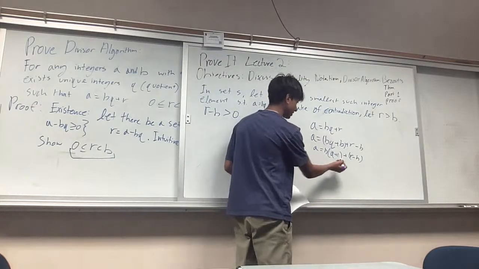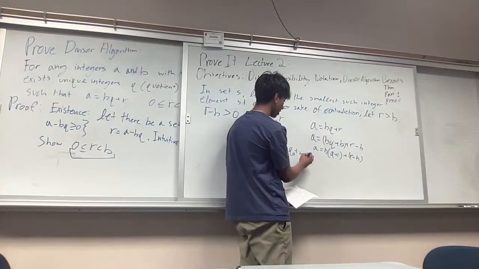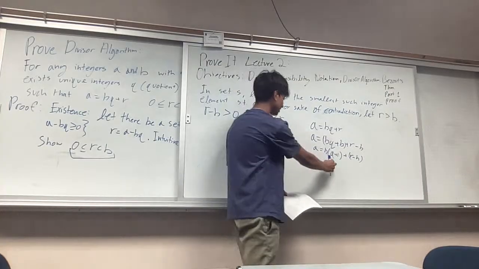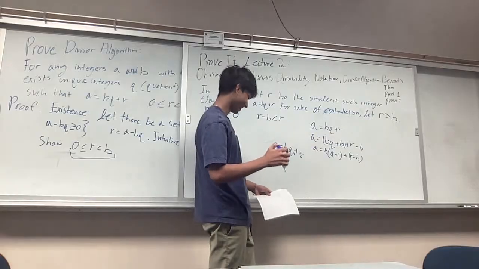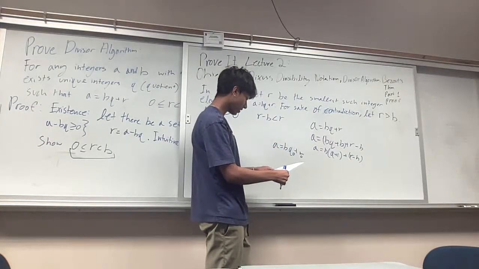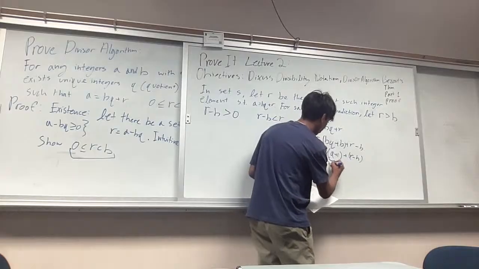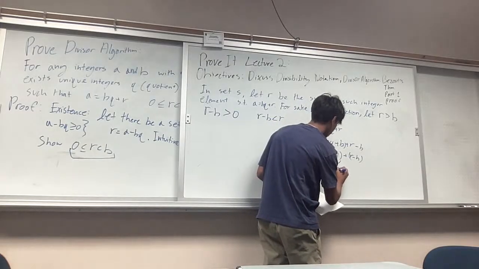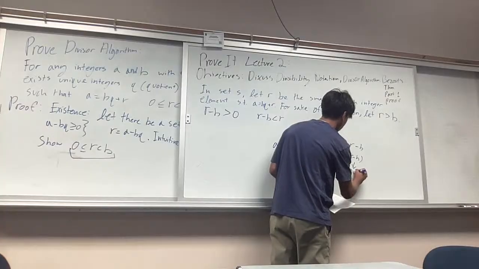It's in the same form. So let's take this as our new quotient, and let's take r minus b as our new remainder.